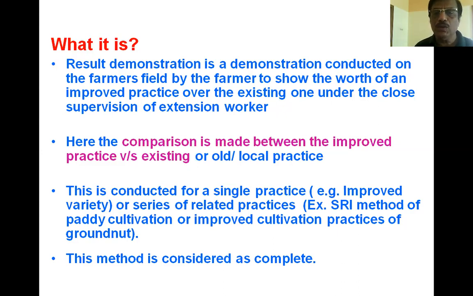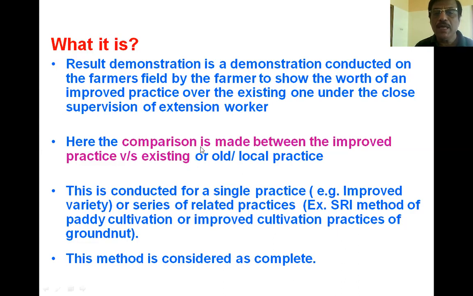Here you are going to show the results of the improved practice or superiority of the improved practice over the existing one in the farmer's field itself. In order to show the results of the superior improved variety, it is compared with the existing or local one.